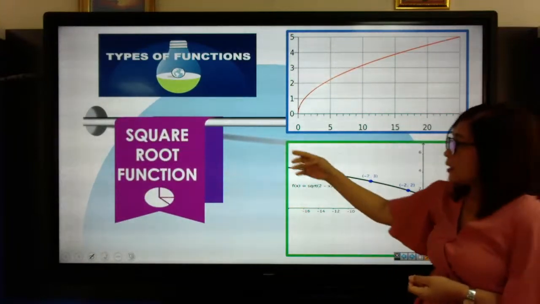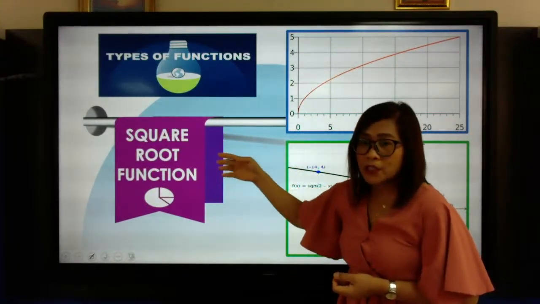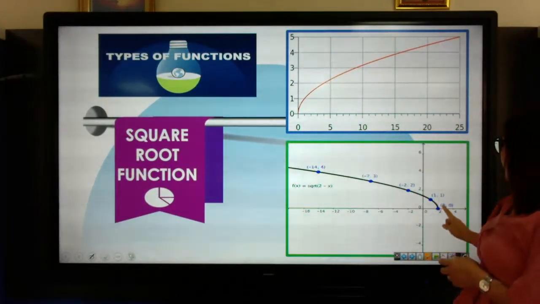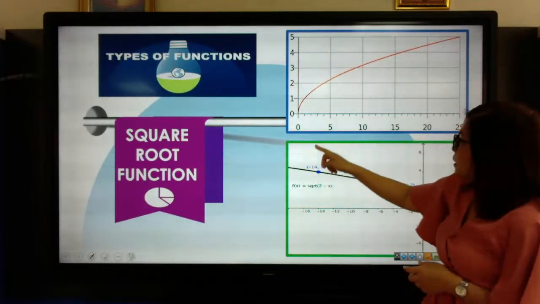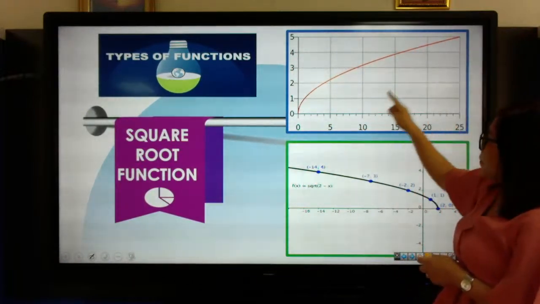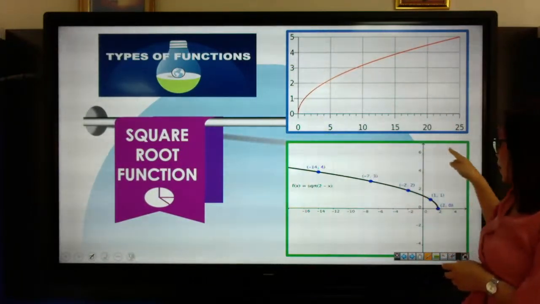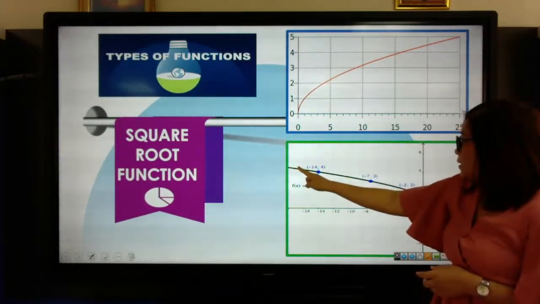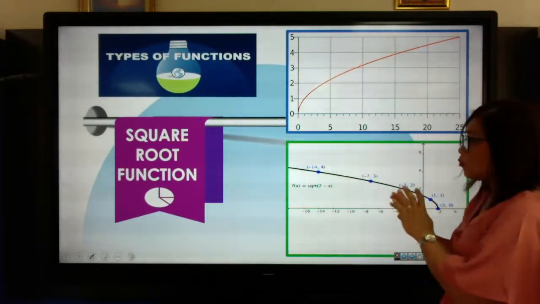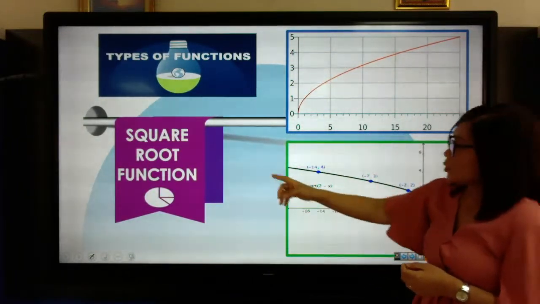Next, square root function. Okay, the graph is this. It's like a parabola. This graph is like half of a parabola facing right. How about this one? It's like half of a parabola facing left. Only half, because it's a square root function.